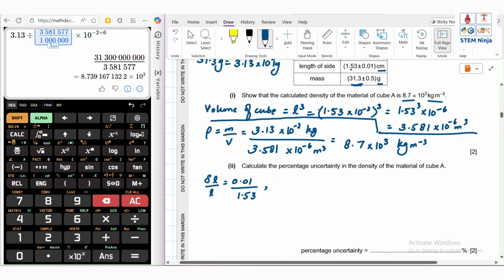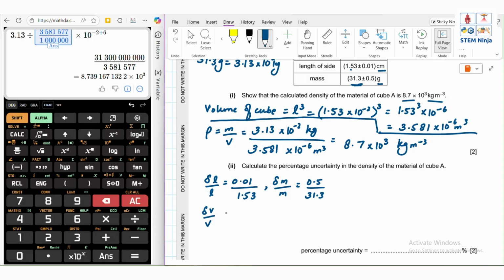Similarly, we have the mass, this would be 0.5 over 31.3. However, we have volume also. Since volume is L cubed, we would do 3 times 0.01 over 1.53.